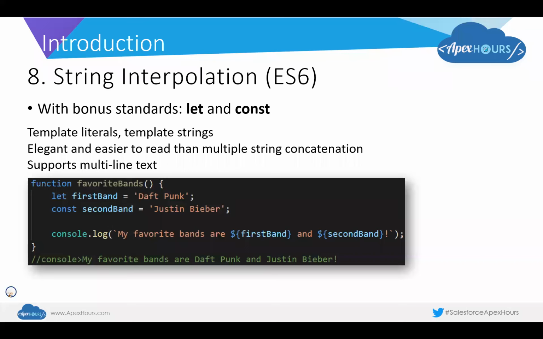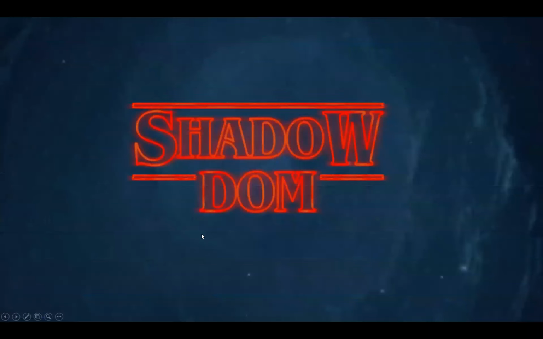So don't be surprised if you see a const in some code and it's an array, and then people are adding on to it or changing it, but you can't change the reference. So you couldn't do something like copy onto an array declared as a const. So these are just two useful things to know of that we're throwing in as we explain the template or string interpolation.